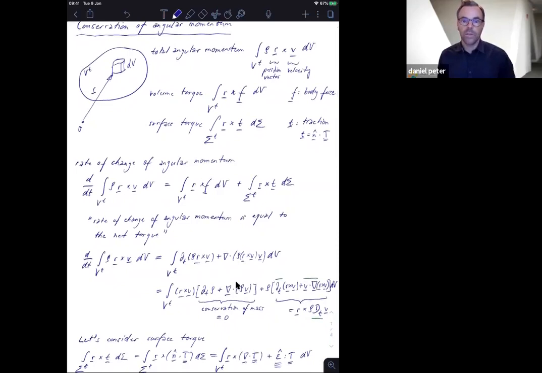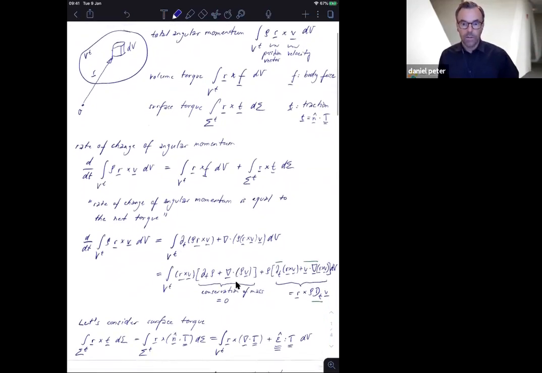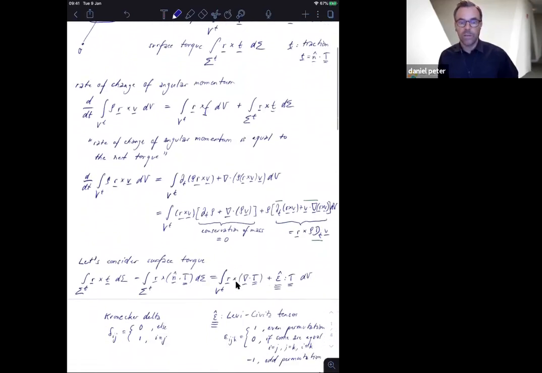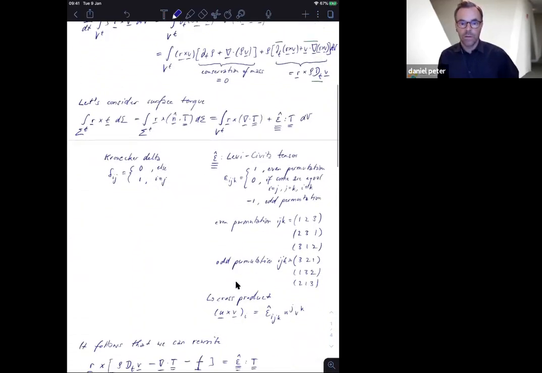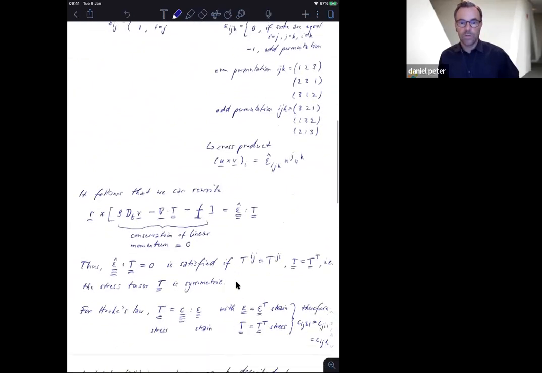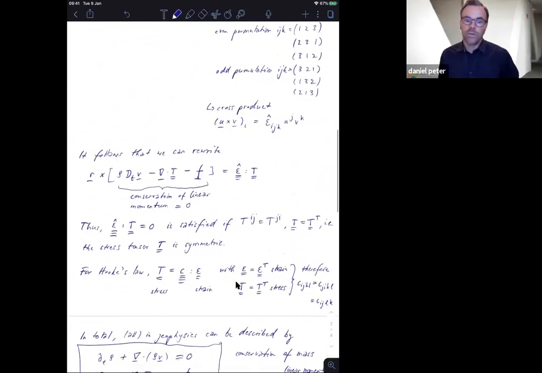The torque can be applied to the volume itself or the surface. And just by rewriting and basically using again the previous conservation laws that we had for mass and linear momentum, it comes down to just this symmetry of the stress tensor.